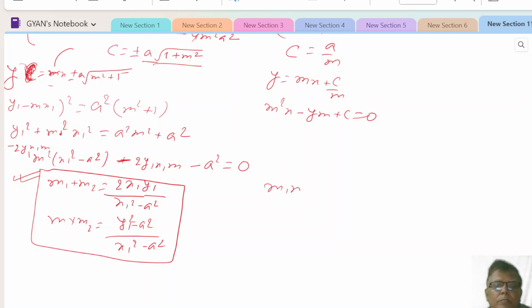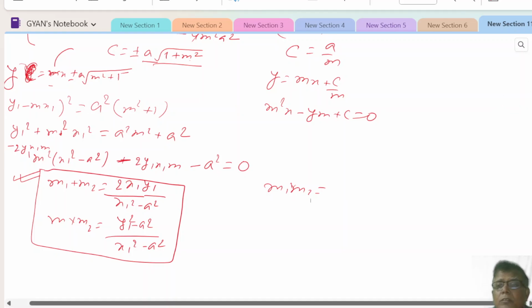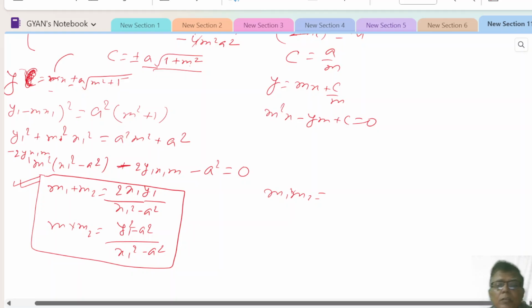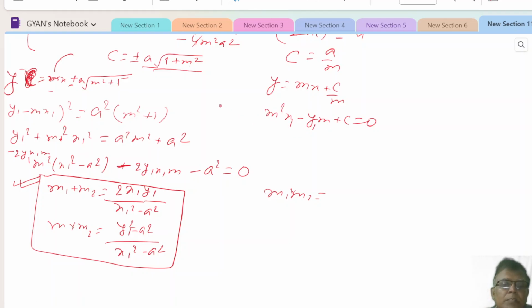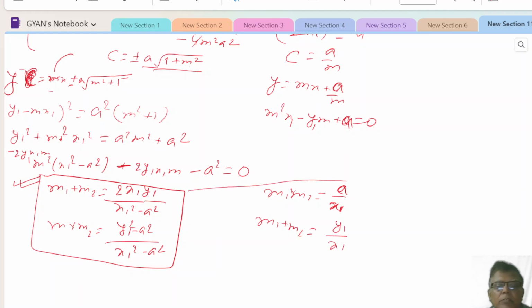So m1 into m2 will be c by a, that is a by x1, and m1 plus m2 will be y1 by x1. So this is the condition for the parabola.